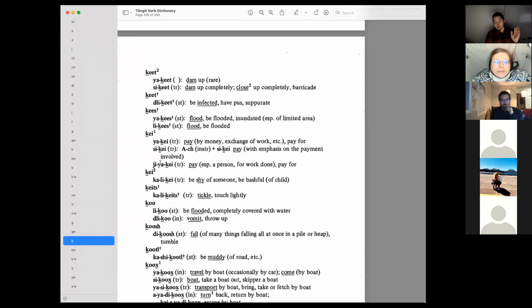But what we're looking for is we see ya, na, H. So we also know that when they write this, they put ya, whereas we would put 0 for the classifier. They also don't use a root marker, and we're using that these days. So you see jiyake, to pay a person for work. Then you see kashake, to be shy of someone. But what we're looking for is ya, ke. And we don't see it. So in this case, we looked here, we don't see ya kh or ya ke.